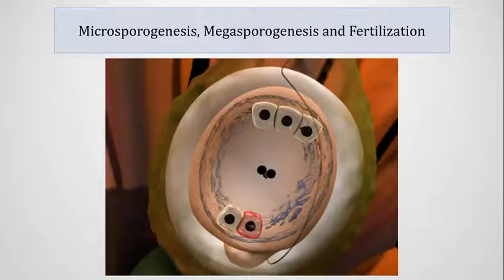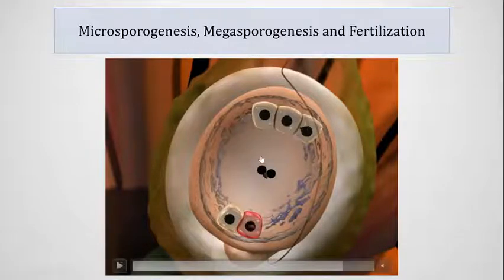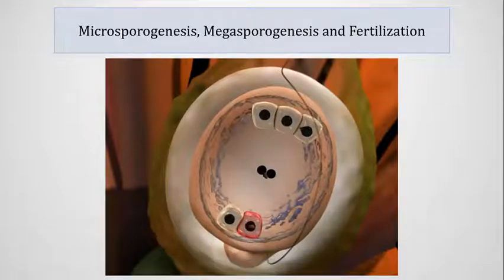So here we see that the fertilization process has been done two times. The fertilization takes place for the secondary nucleus and also for the egg or ovum. That is why this process is called double fertilization.